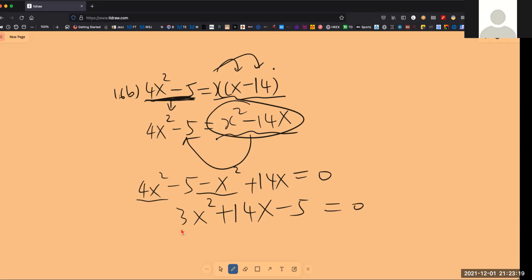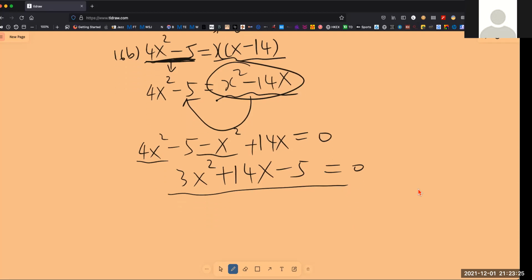So once again, how many terms do you have here? I have 3. Yes. So you have 3 terms. What's the next step? To do factorization.